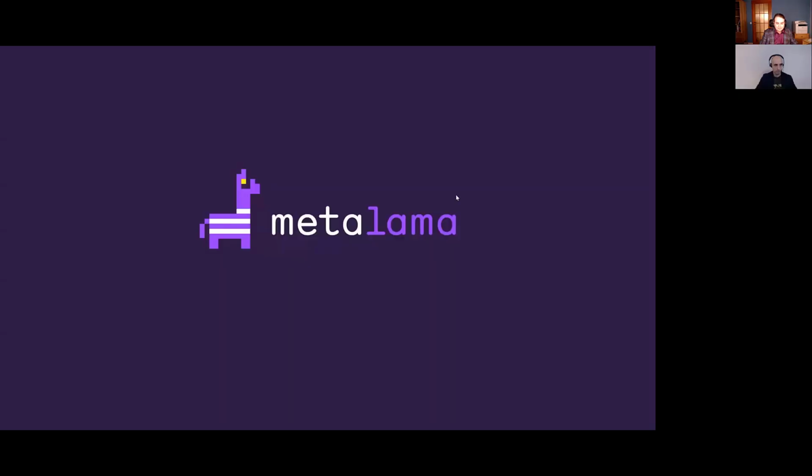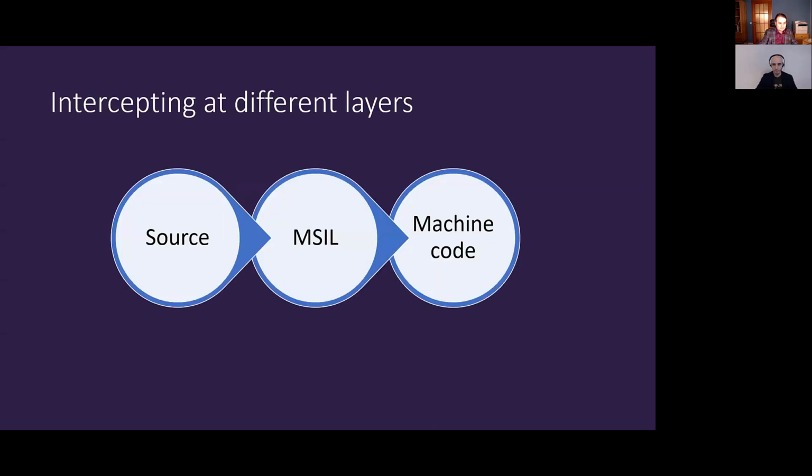We've been doing not hijacking, but interceptions before with PostSharp. Actually, you mentioned that we can do interceptions at three levels. What you have shown is how to do that at the level of machine code from inside the CLR.